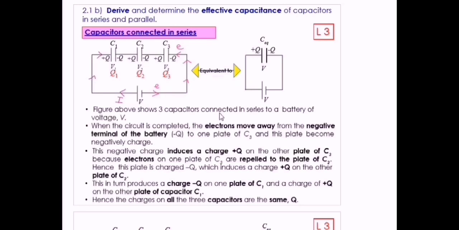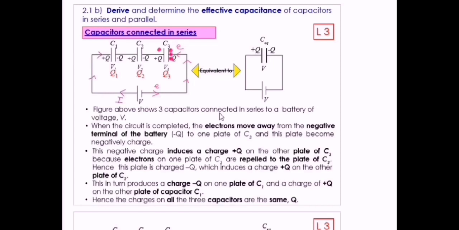When the electrons move out from the negative terminal, the electrons would be collected here. So we would have a number of electrons here. The pink ones are the electrons. These electrons on this plate would repel the electrons from this plate.